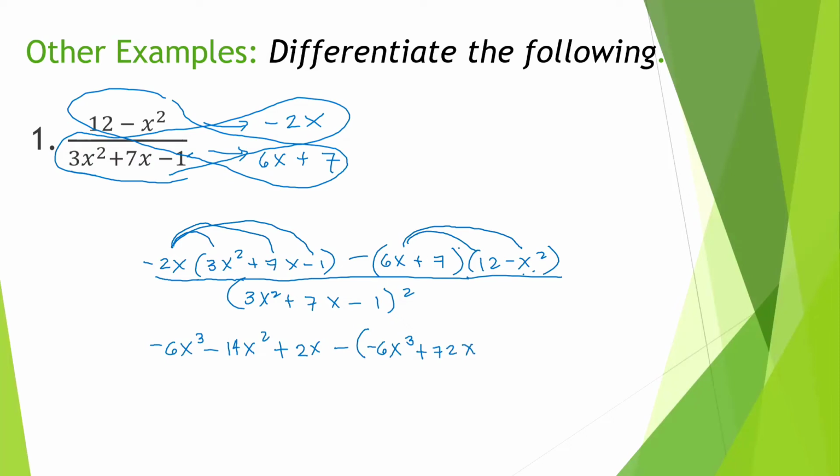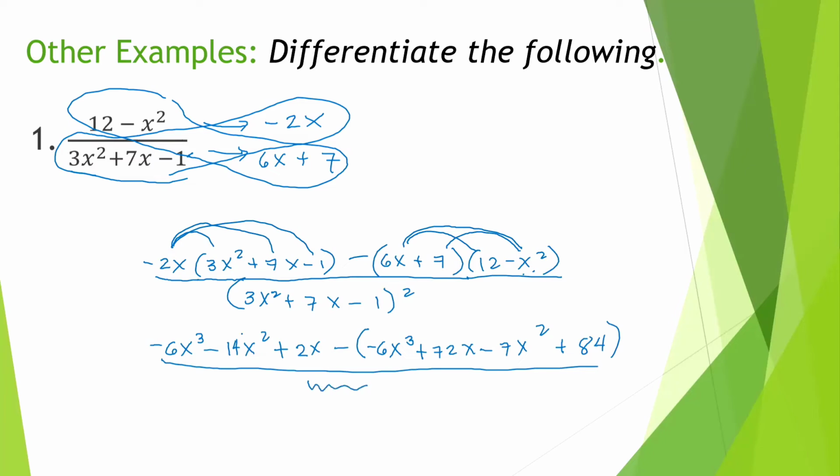Okay, tapos we have minus 7x squared. And then 7 times 12 is 84. Okay, so plus 84 here. Ayan. So, denominator is still the same.